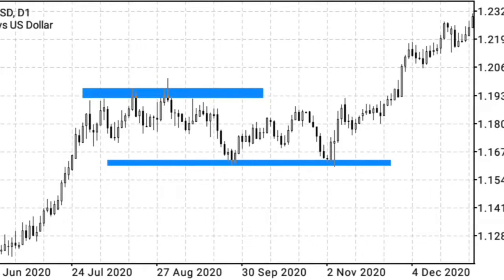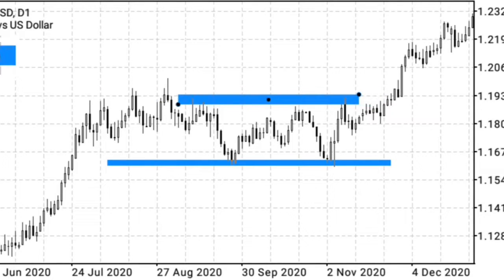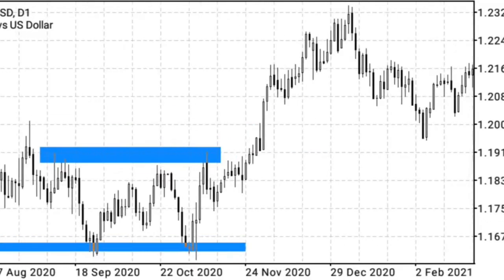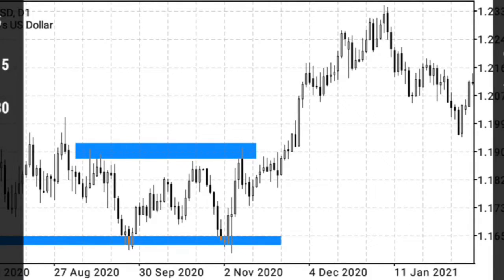There's another one here, this and this. So triple bottoms, triple tops. The institutions know how retail traders think. The number one way retail traders think is, whenever they see a double bottom, they'll be like, wow, this is a double zone, this is a good zone to get involved. In this case, it actually favored them in the market.